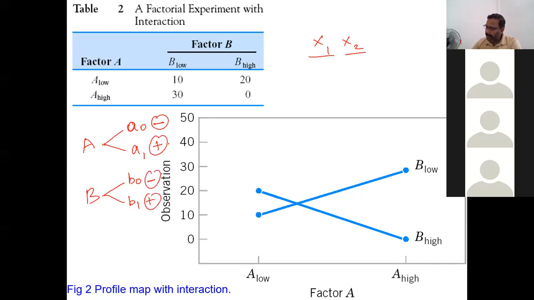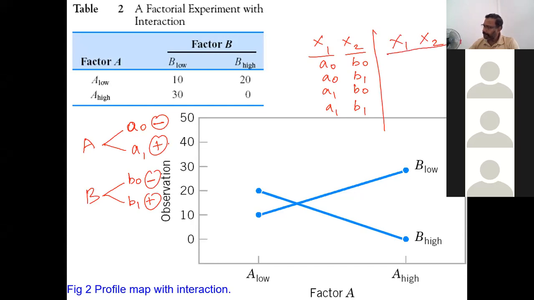For example, here A naught B naught, A1 B naught, A naught B1, A1 B1. How can we represent this?